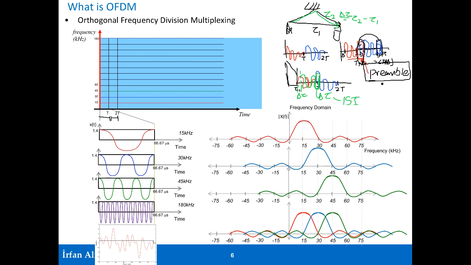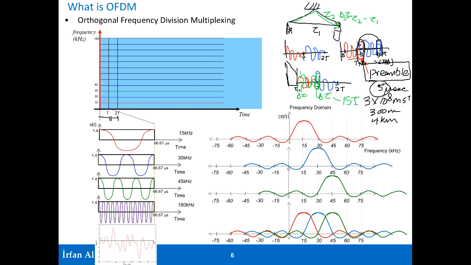In LTE, the preamble is allowed to be 5 microseconds, which is actually a pretty big number for most communication systems. The speed of light is 3 times 10 raised to the power 8 meters per second, so in 1 microsecond you're going 300 meters, and in 3 microseconds approximately 1 kilometer.